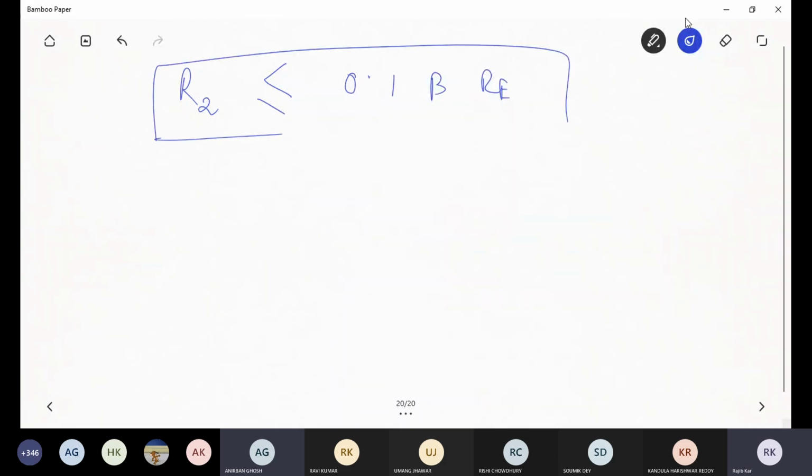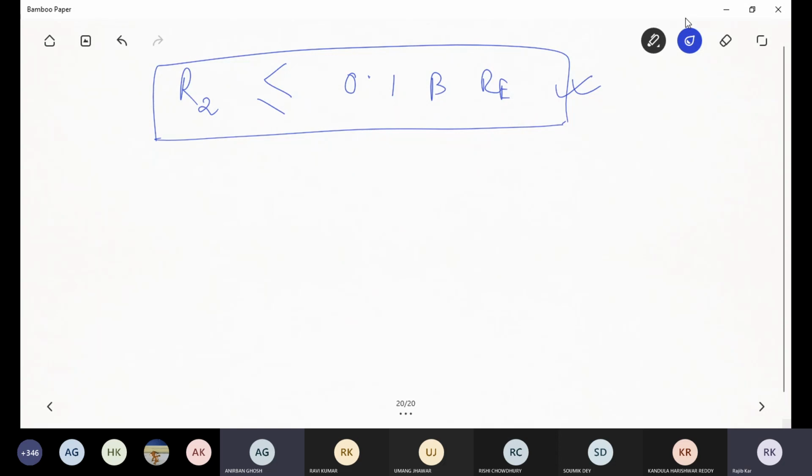Normally, from the design point of view, I can tell you the value of R2 normally will be equal to 0.1 beta RE. The choice of R2 will be in such a way that it will be less than or equal to 0.1 beta RE. There is a specific reason. I'm not getting into those details, but you remember this condition that it should be equal to 0.1 into beta RE.